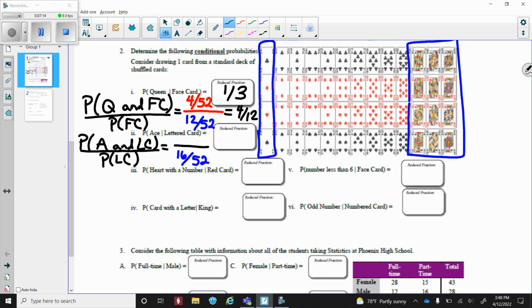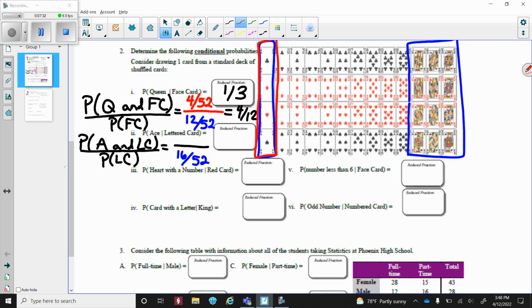So now we need to figure out, if we already know they're letter cards, which is what we just circled, how many of those are aces? And when you look here, aces are just the 4 cards on the left-hand side.